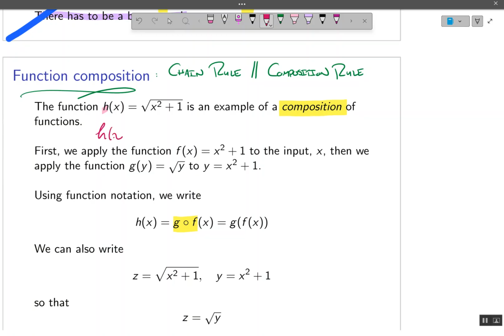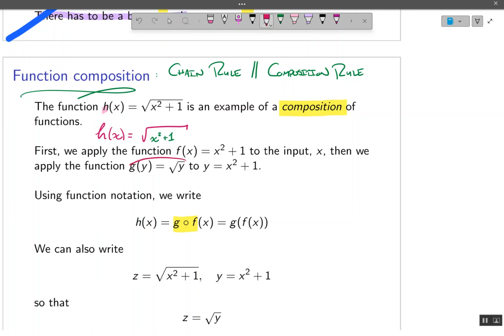We have here that h of x equals the square root of something, where that something is not just x, it's something else other than x. So we can think of it as this.